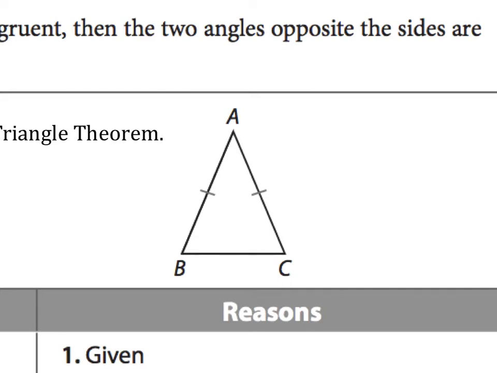So if we have the side AB, the angle across from that is angle C. And for side AC, that's going to be angle B. Okay, so it's saying that those two angles will also be congruent to each other.